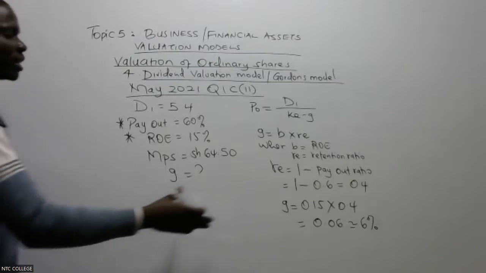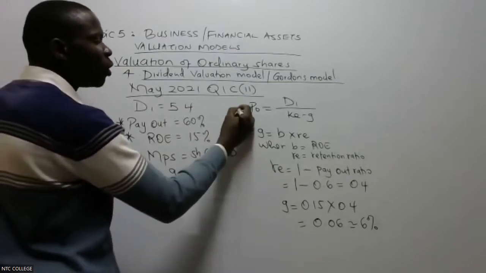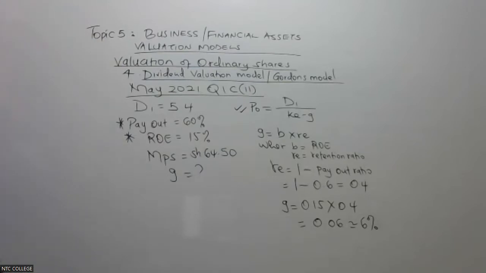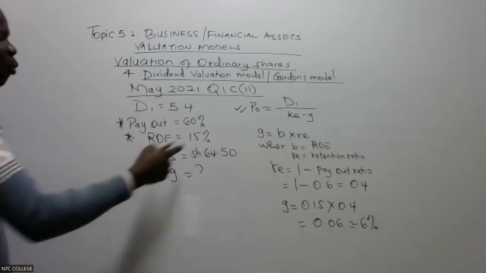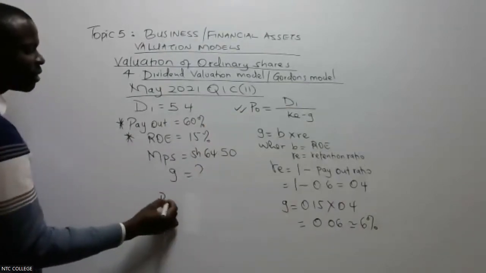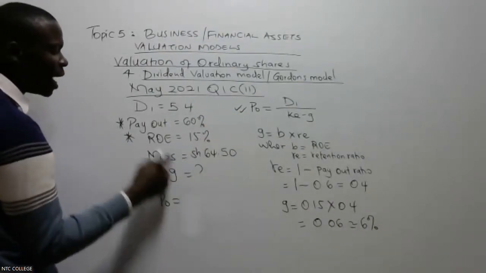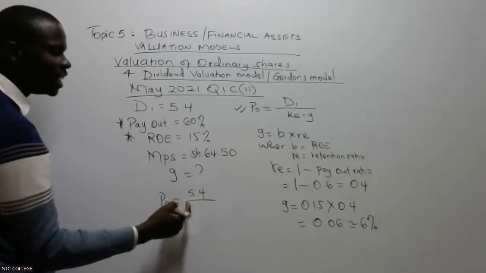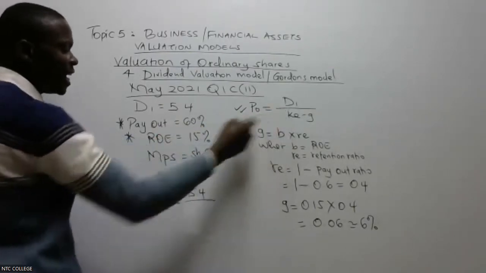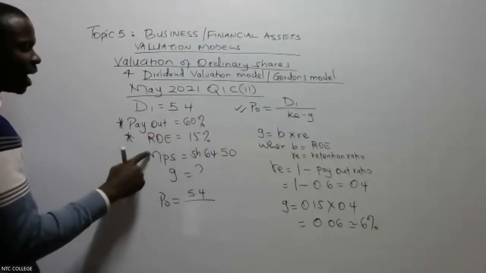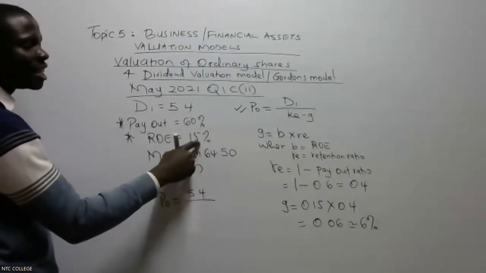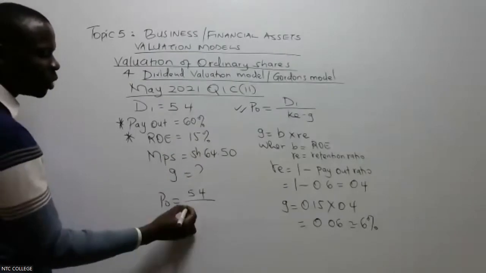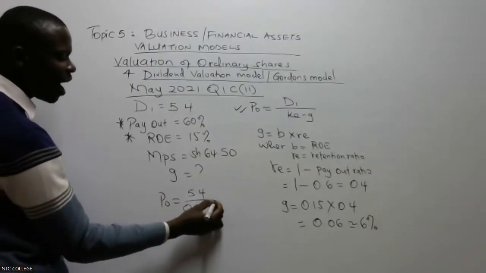Since we have all the variables, we can now determine our intrinsic value, where intrinsic value is equal to D1, which is 5.4, divided by KE minus G. Our KE here is the return on equity, which is 0.15.